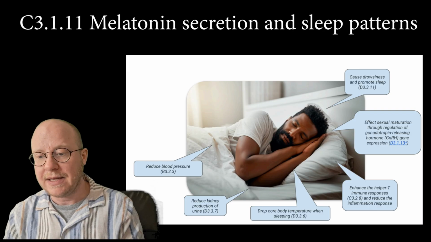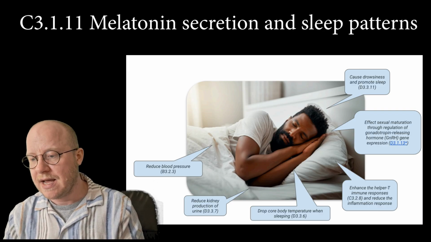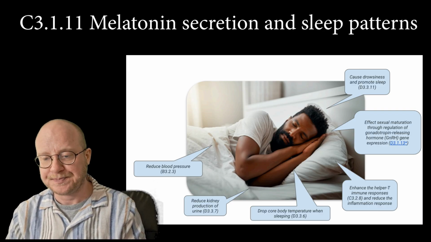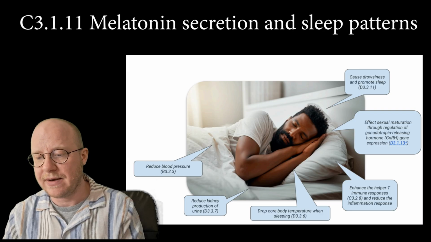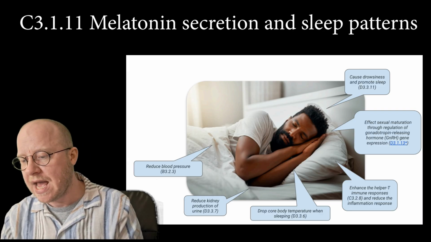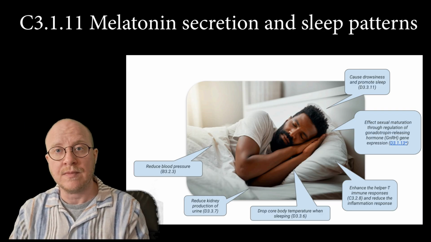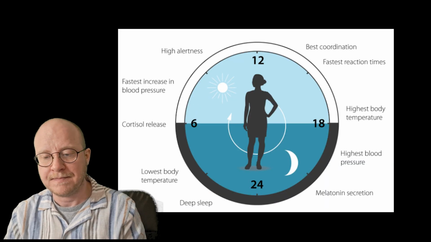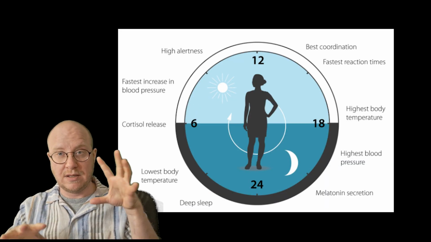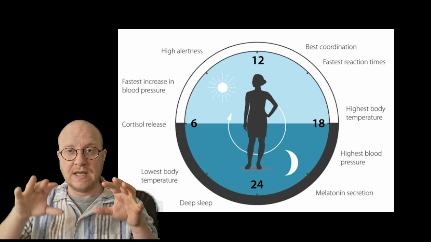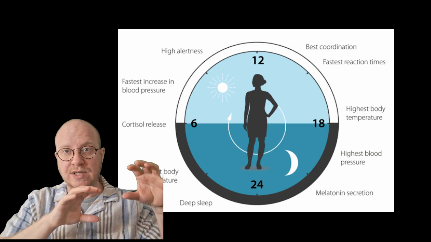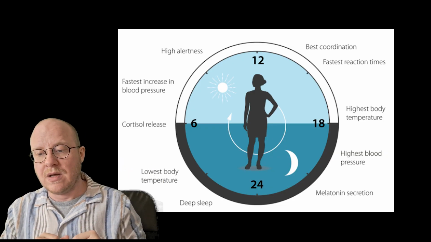C3.1.11, melatonin secretion and sleep patterns. Modulation of sleep patterns by melatonin secretion as a part of circadian rhythms. So modulation means if you're keeping it within the right ranges.